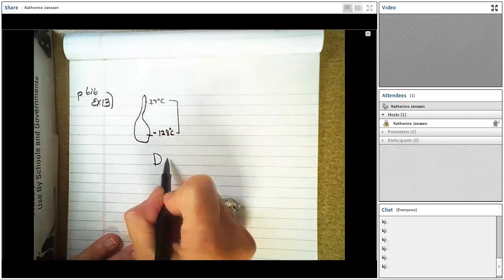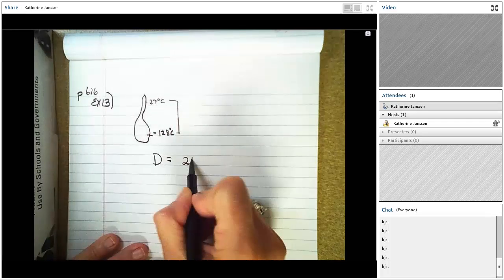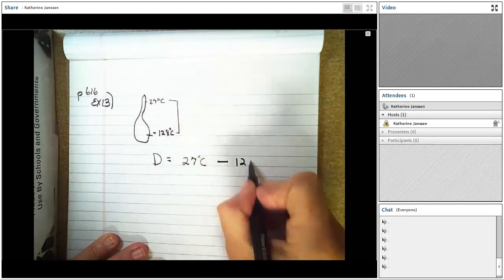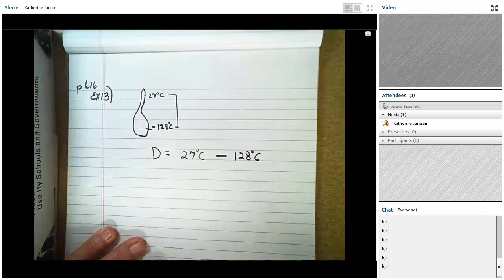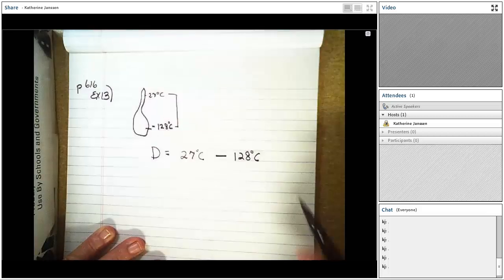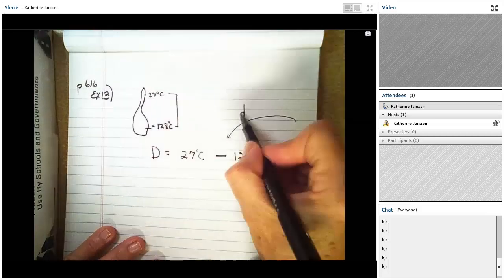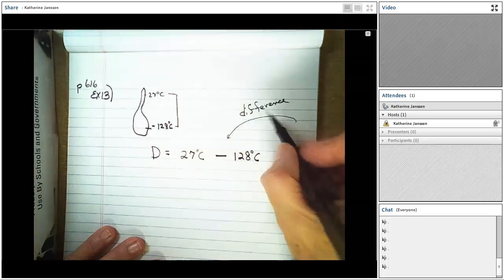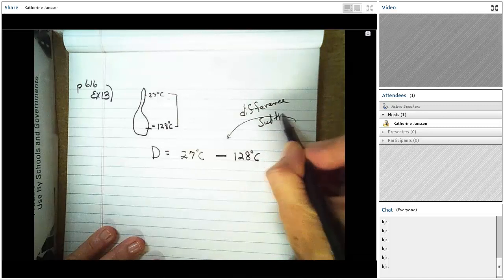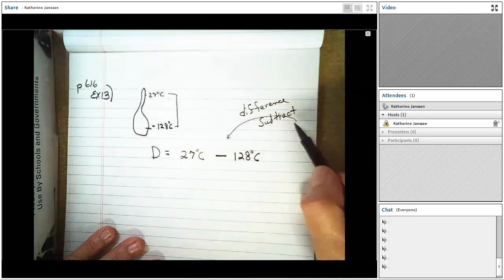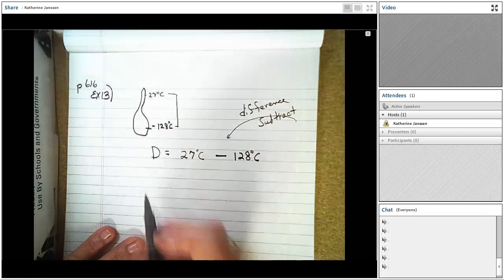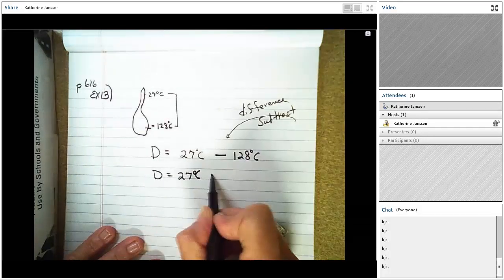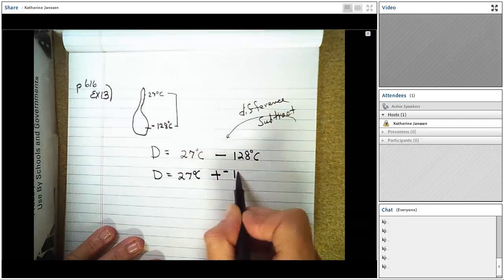So the difference is equal to 27 degrees Celsius minus negative 128 degrees Celsius. I'm finding the difference. Remember, that was one of our key words indicating the operation of subtraction. And whenever we subtract, our definition says change subtraction to addition and add the opposite.